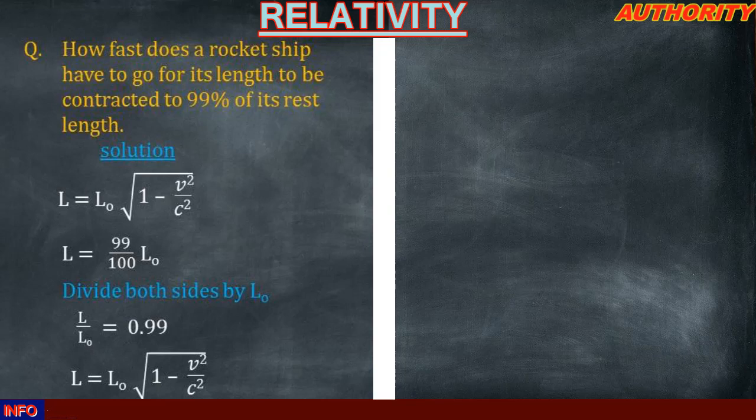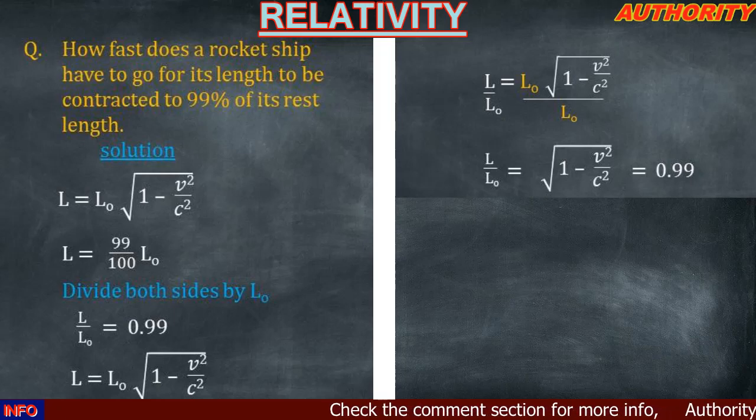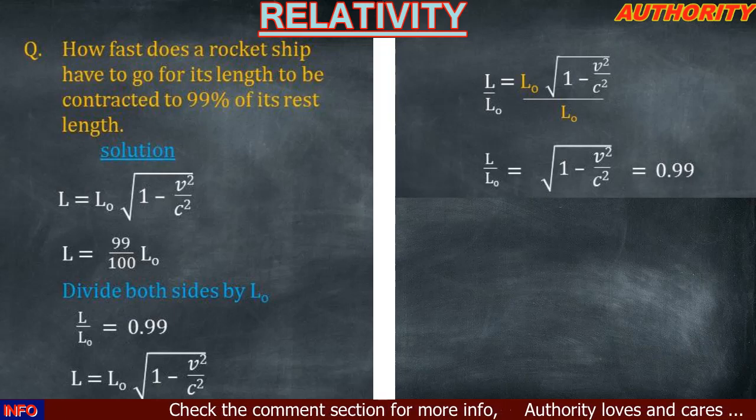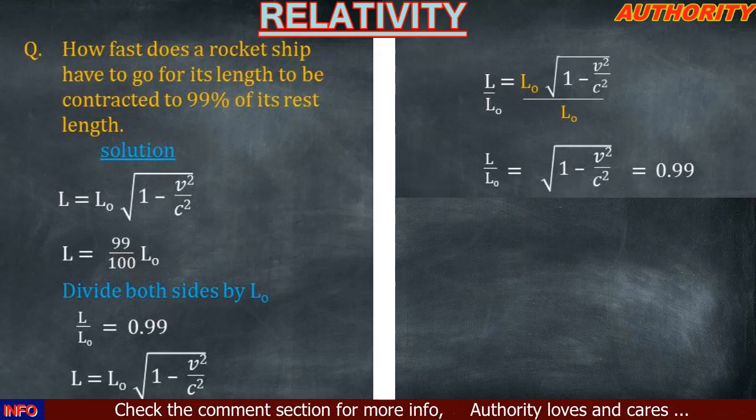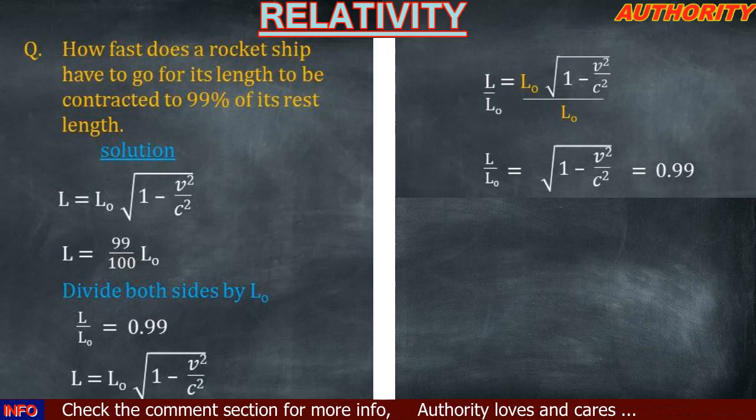Now, let's go back to our formula. We said that contracted length is the same as proper length multiplied by square root of 1 minus v squared all over c squared. Is that true? Yes. Now, let's divide both sides by proper length, L naught. That gives contracted length all over proper length, L over L naught, equal to square root of 1 minus v squared all over c squared. So, from the beginning, L over L naught, contracted length all over proper length, is equal to 0.99, and here L over L naught is equal to square root of 1 minus v squared all over c squared.